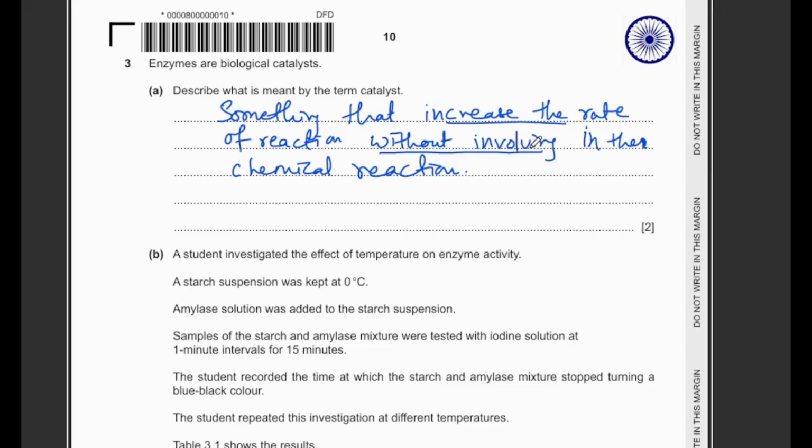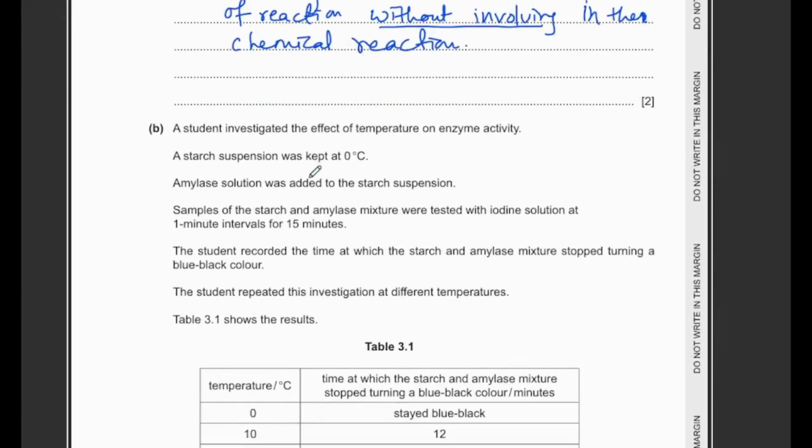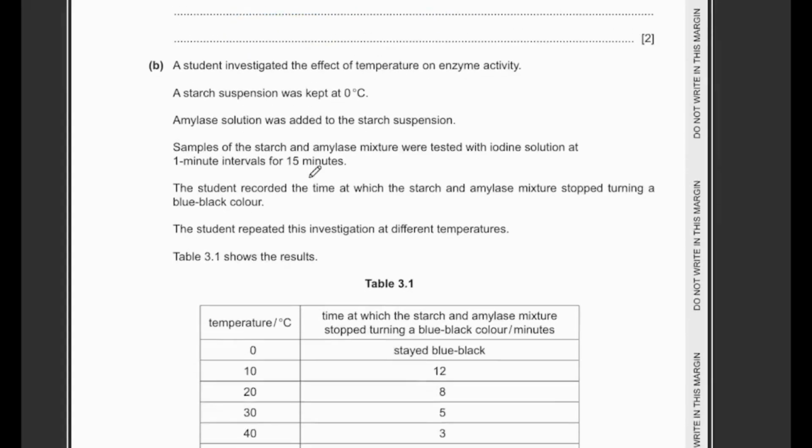Next one, a student investigated the effect of temperature on enzyme activity. A starch suspension was kept at 0 degrees Celsius. Amylase solution was added to the starch suspension.